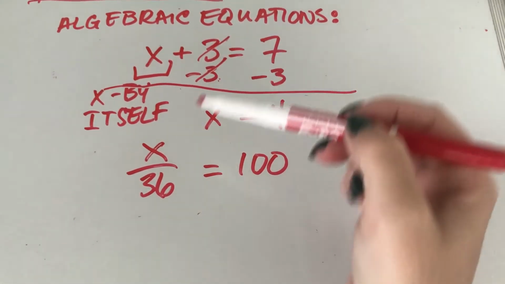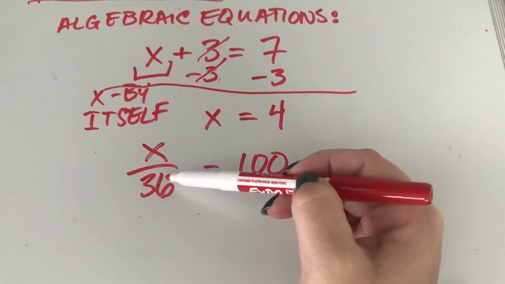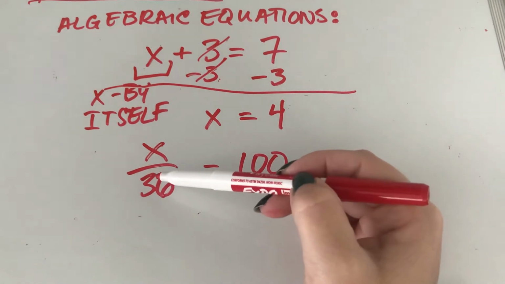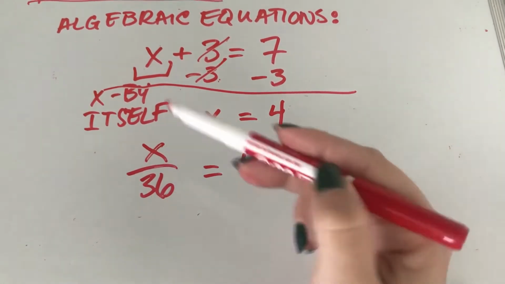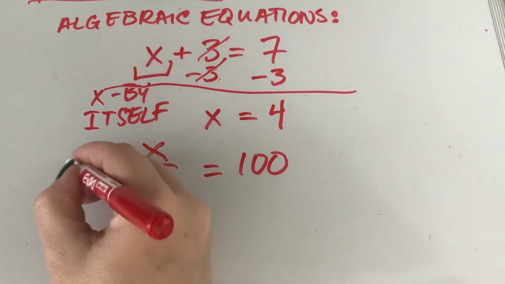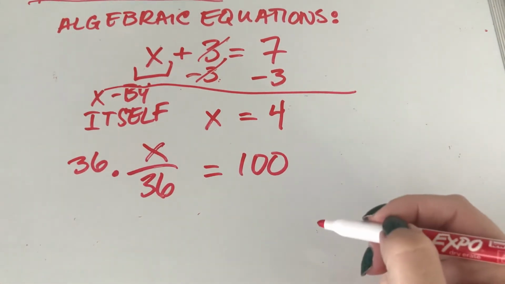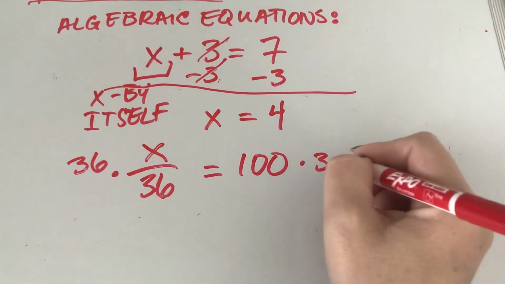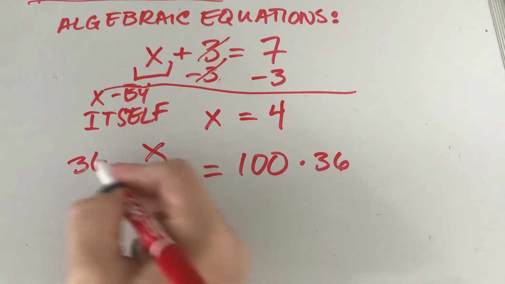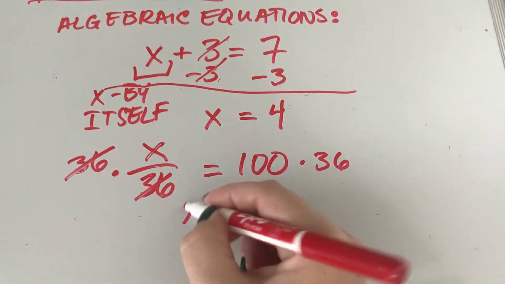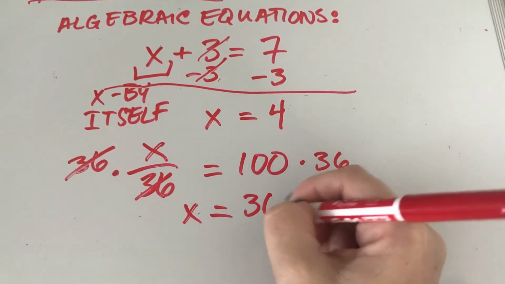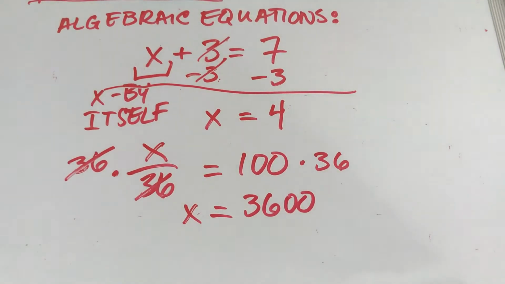The opposite operation for division is multiplication. So we can multiply by 36 here and by 36 here. This cancels with this, and now we have x is equal to 3600.